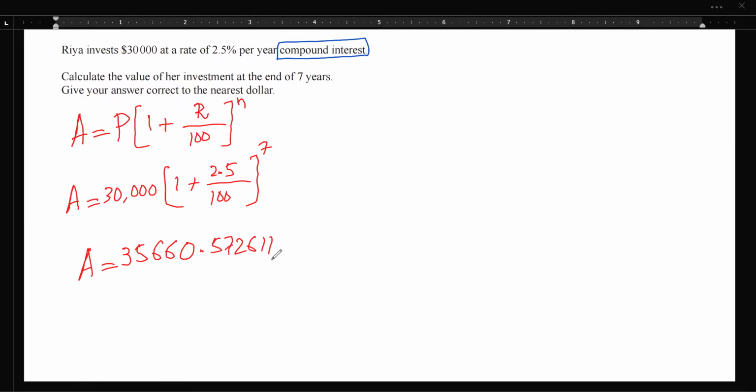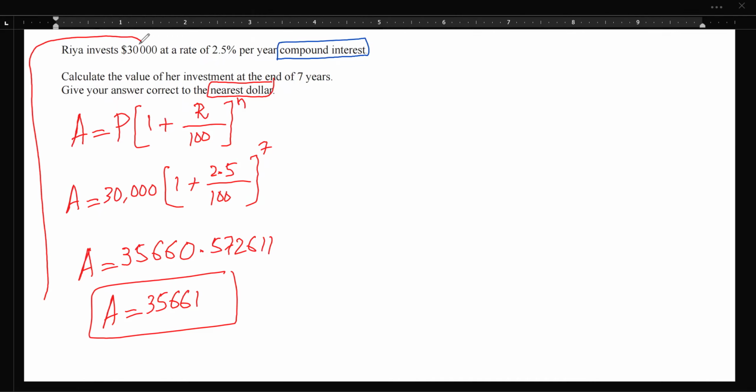But the problem is they mention here clearly in nearest dollar. In nearest dollar, it's going to be 35,661, means $35,661. Since they ask what the value of the investment is at the end of 7 years, the investment becomes from 30,000 to 35,661.